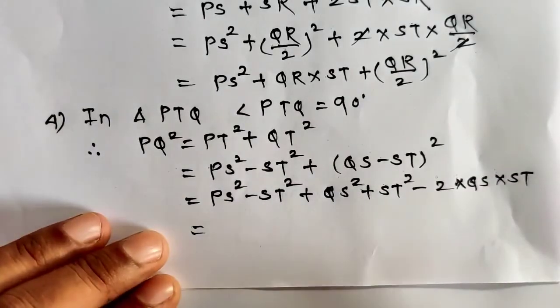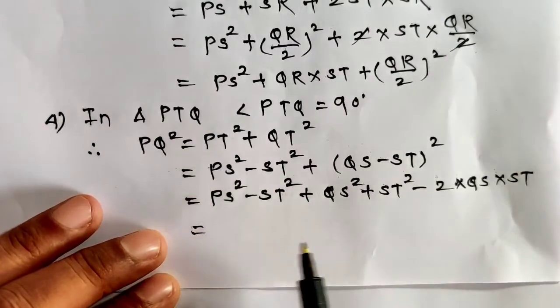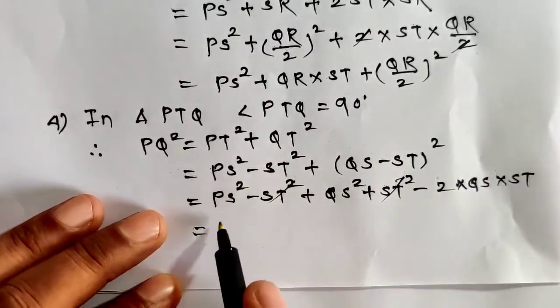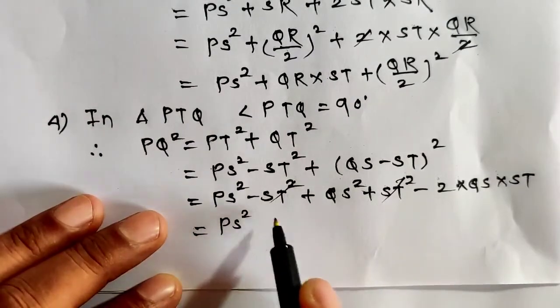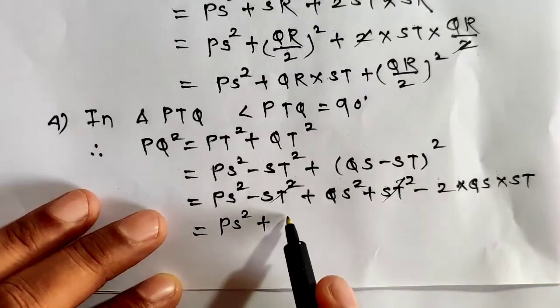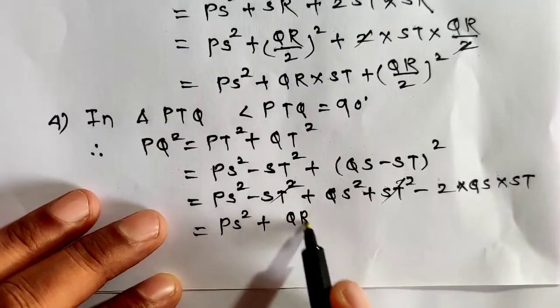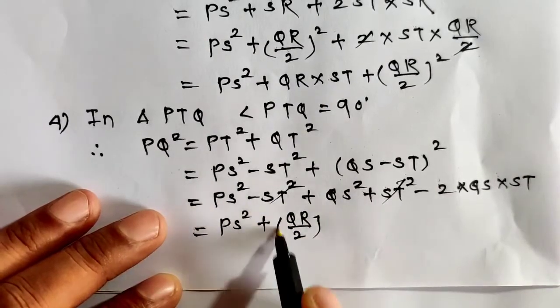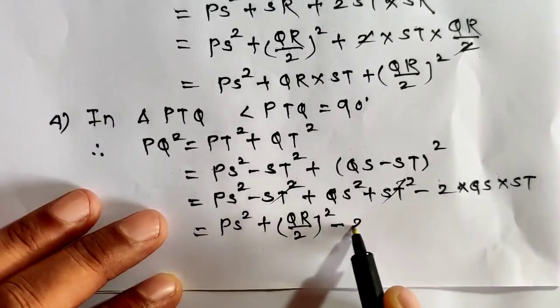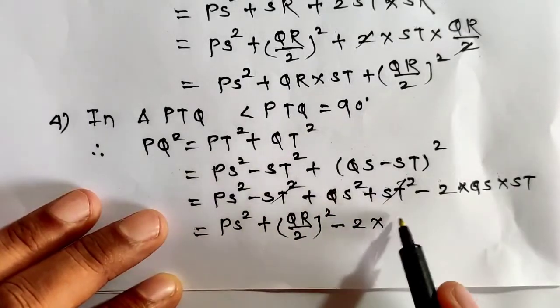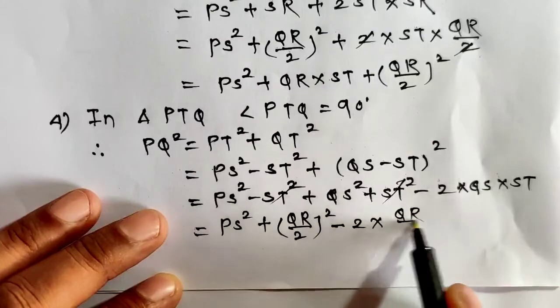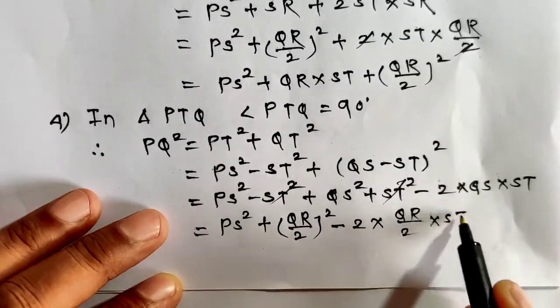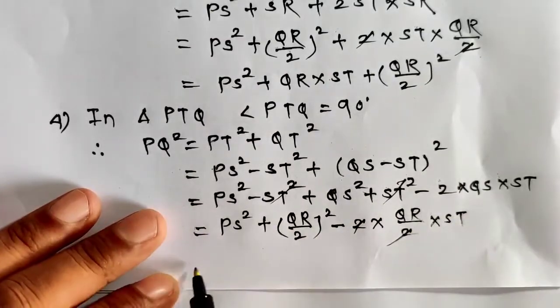But from 1 again this QS is equal to half QR, ST get cancelled. So PS square plus QS means QR by 2, half QR, whole square minus 2 into QS is half QR, that means QR by 2 into ST. This 2 and this 2 get cancelled.